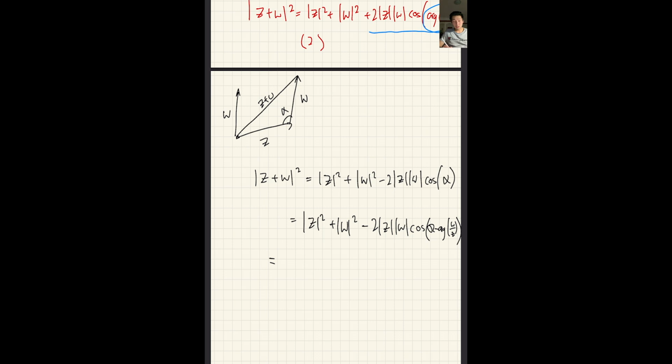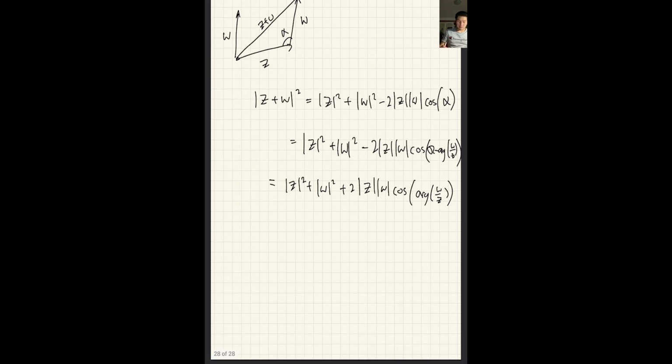So it'll be negative of a negative, which changes it to positive. Okay, so that's perfect. That will give us what we want. So Z squared, omega squared. Now this minus becomes plus 2 times Z W cos arg W on Z. Okay, which is what they wanted us to do.